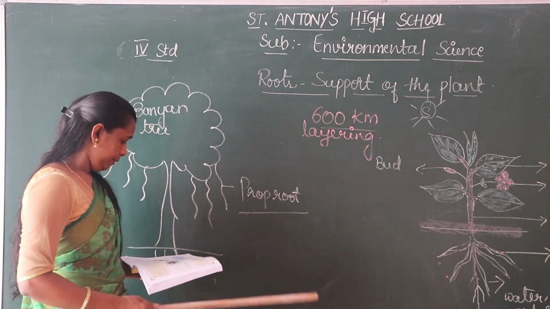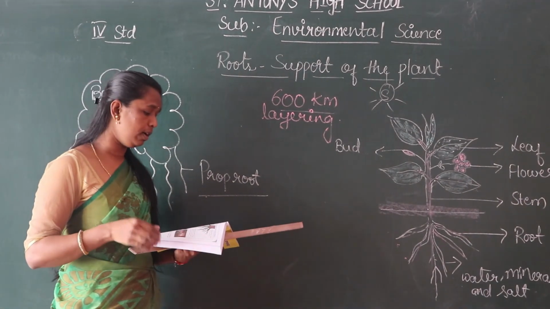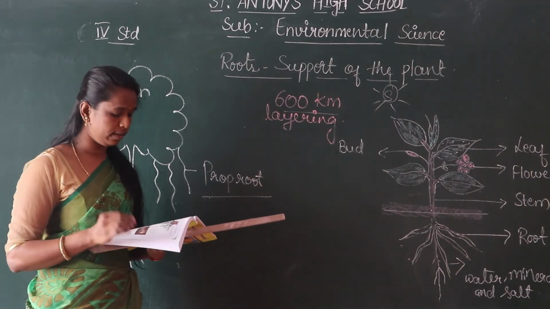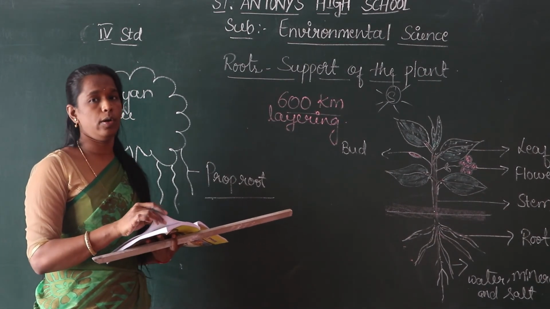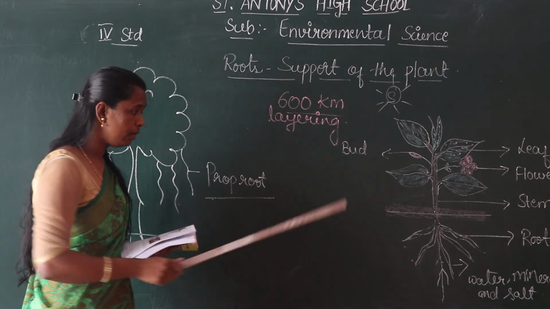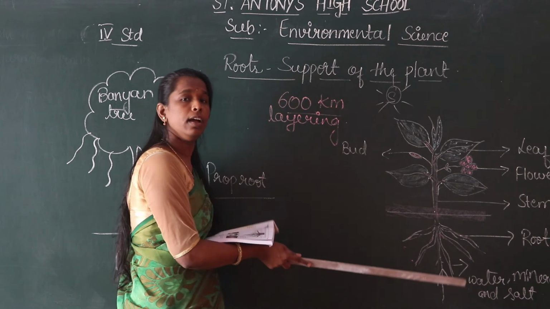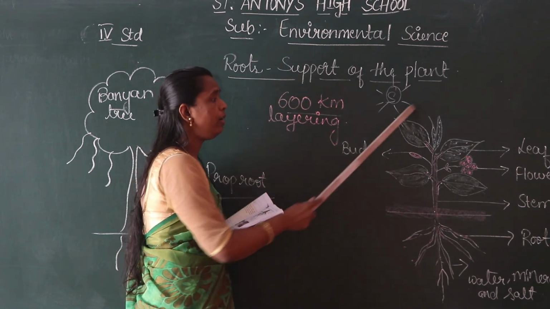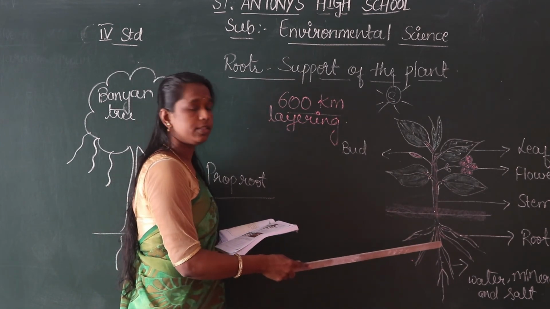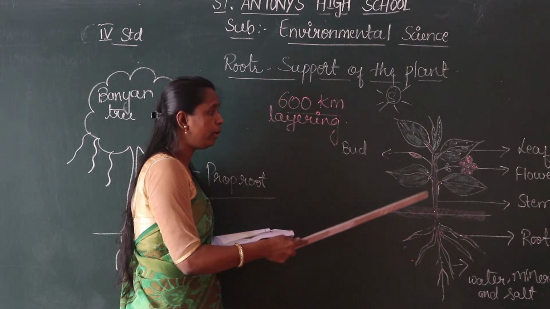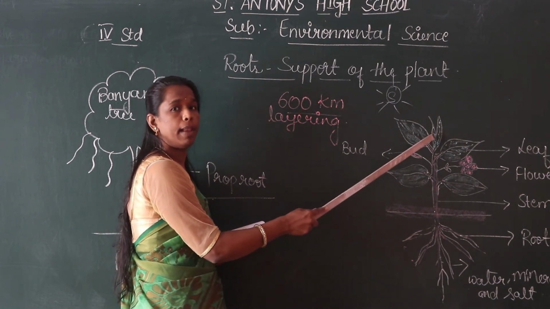So roots conserve the soil particles and water. Roots fix the plants firmly to the soil, and root absorbs water, minerals and salt from the soil and transports to all parts of the plant body. Roots give strength and support to the plant.